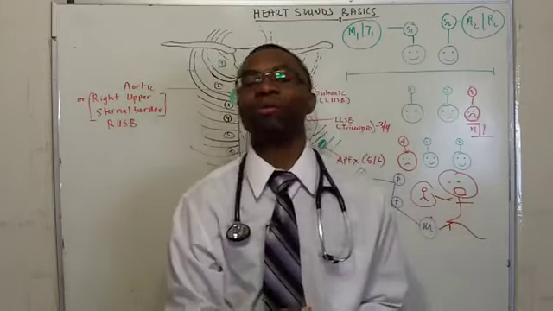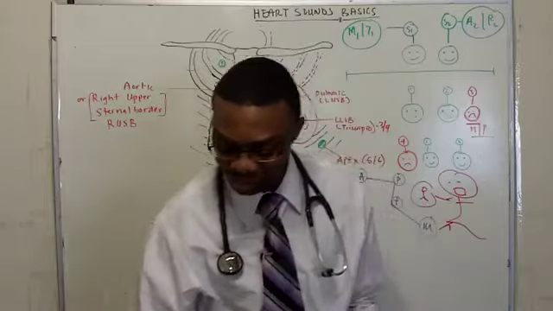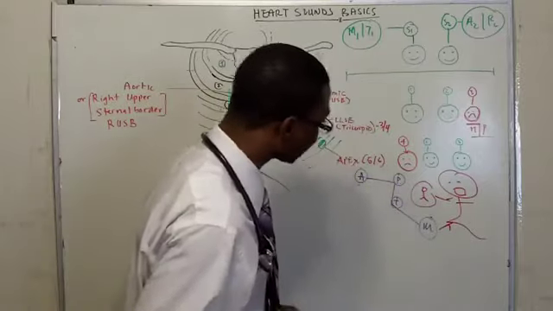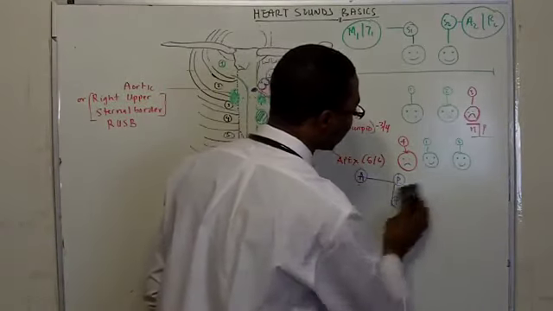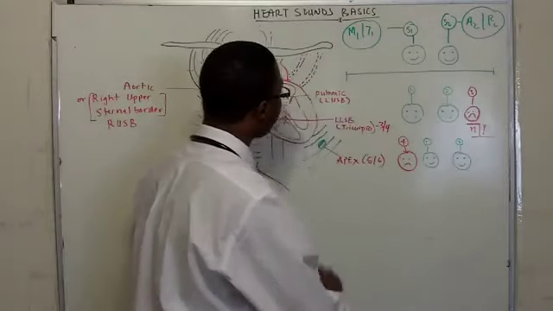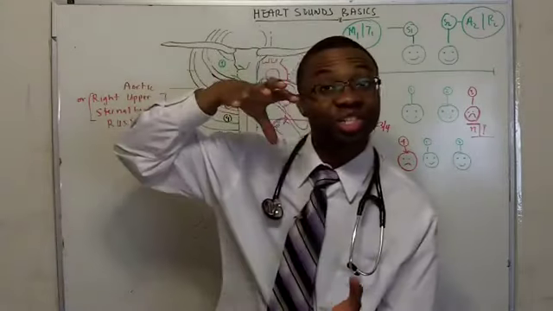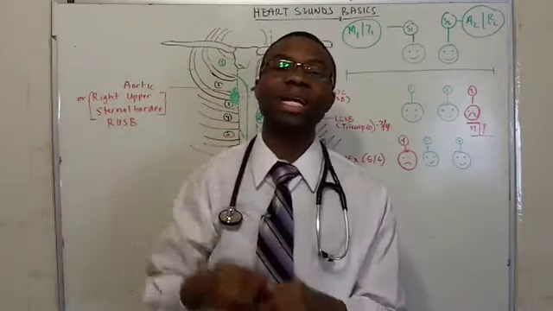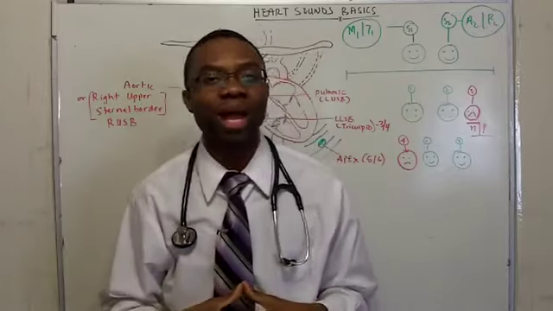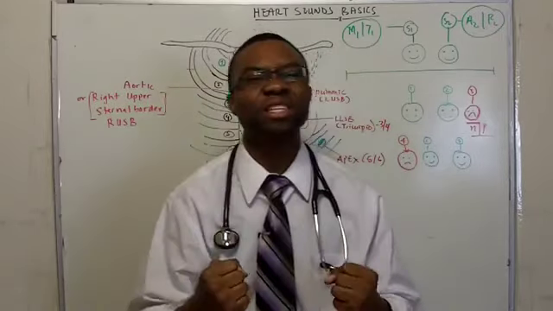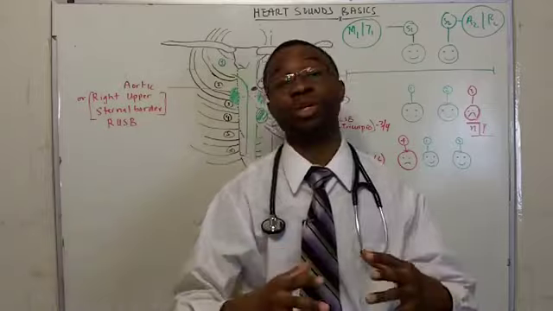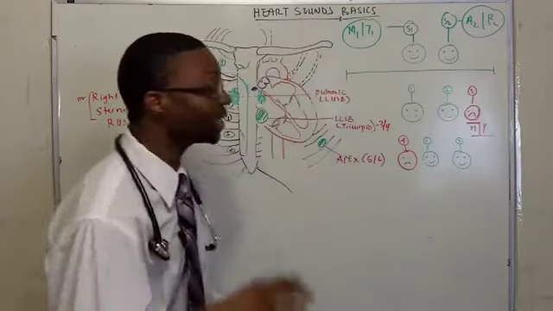He's like, oh my, what are you thinking? Yeah, that's what happens when you have an S4. An S4 is an atrium trying to contract against what? A non-compliant ventricle, a stiffened left ventricle, usually left ventricular hypertrophy. So now let's hear S4.